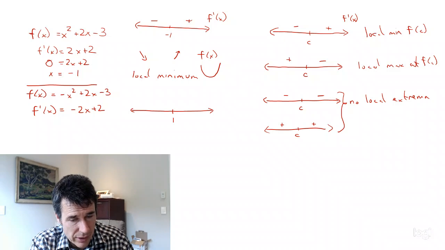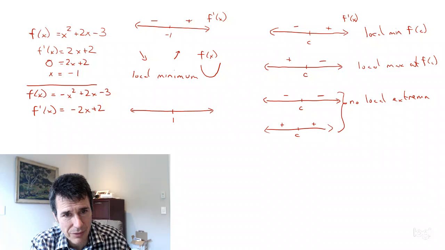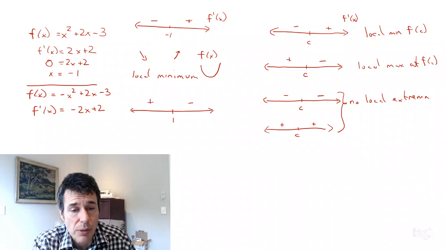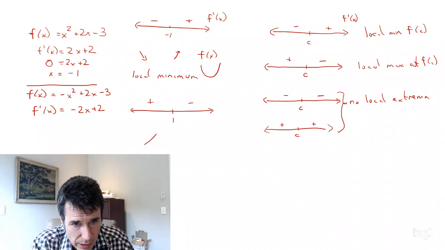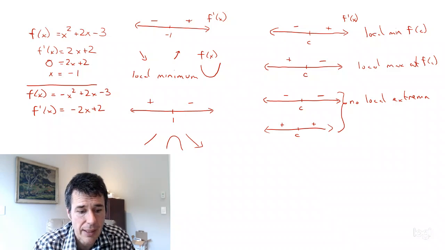And then to the left of 1, the function is increasing. To the right, it's decreasing, which means we have a local maximum. The function is going up, and then it's going down, which must mean we have a local maximum. The function must look something like that.